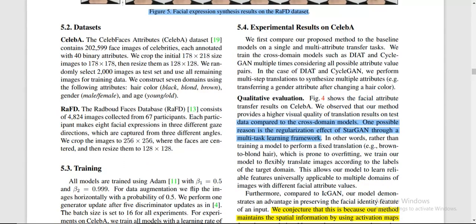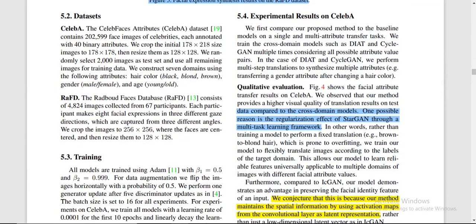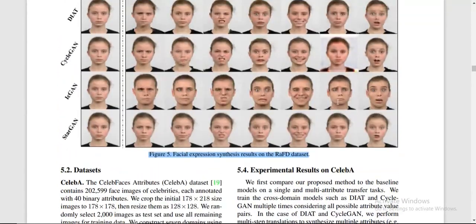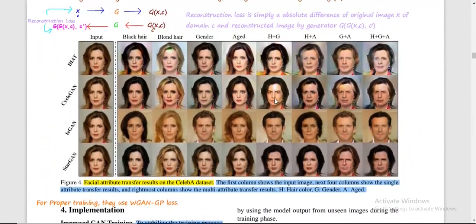They also mention the experiment on the qualitative evaluations, and you can see that StarGAN has higher visual quality of translations on the test data across the cross-domain levels. For example, here in this image, if you see StarGAN's output, and here is the input image, and there is the domain information on the multiple domains.